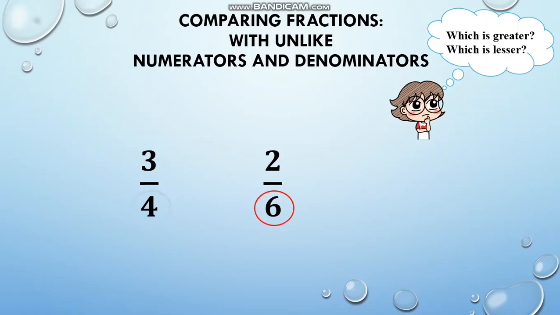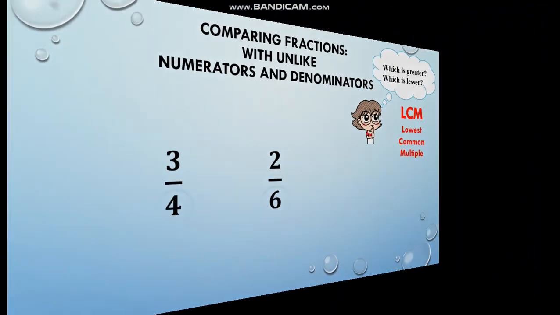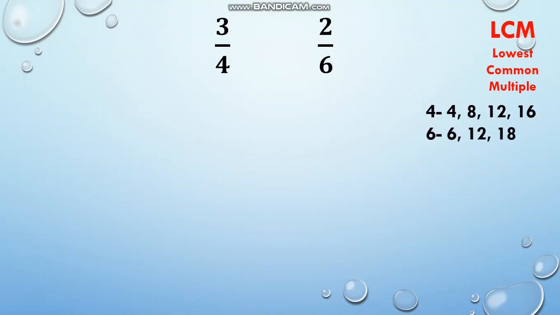How do we make the two denominators the same? Well, we can make them the same by finding the lowest common multiple, or LCM. Let's find the LCM of the denominators 4 and 6. First, we list the multiples of 4 and the multiples of 6 and look for the lowest common multiple between them. What is the LCM?